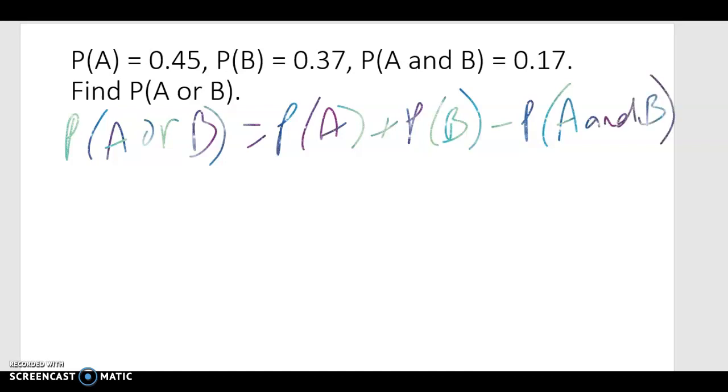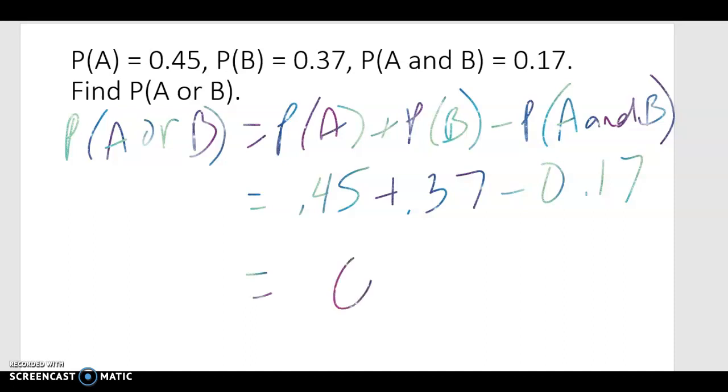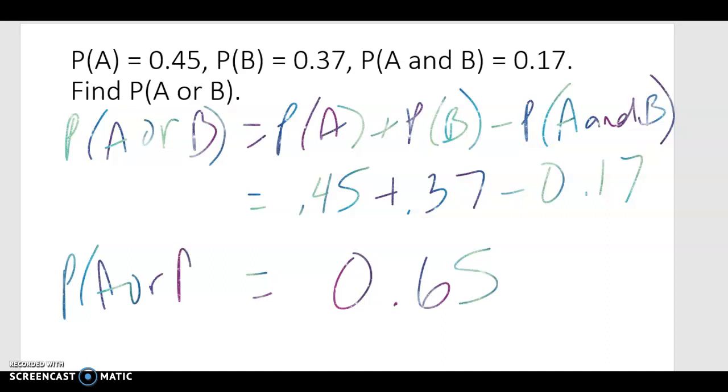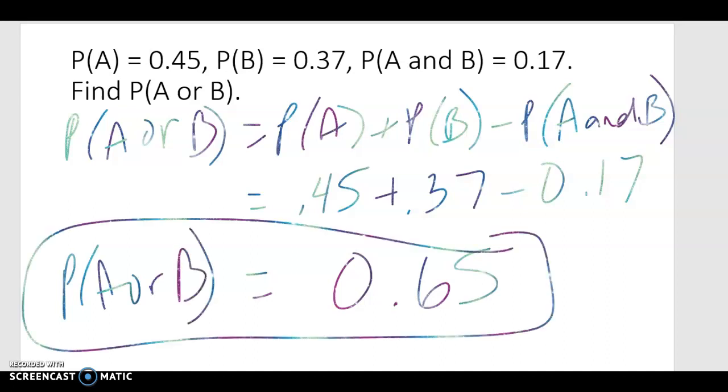It's going to help you remember how it all meshes together. So the probability of A plus the probability of B minus the probability of A and B gives us a nice answer of 0.72. So that's the probability of A or B. That's just doing the math in the formula that they give us.